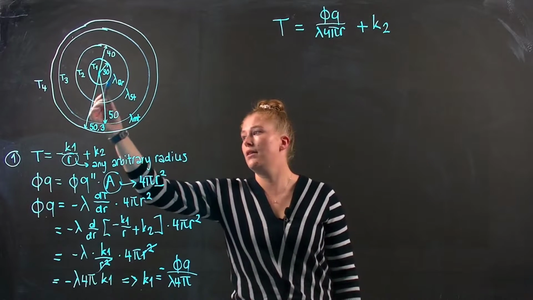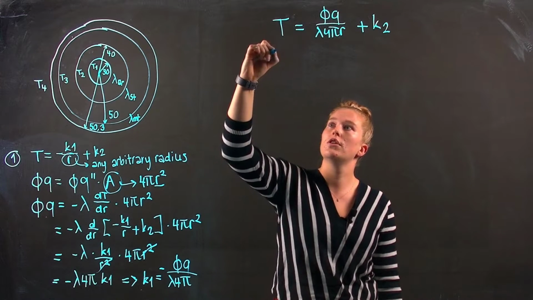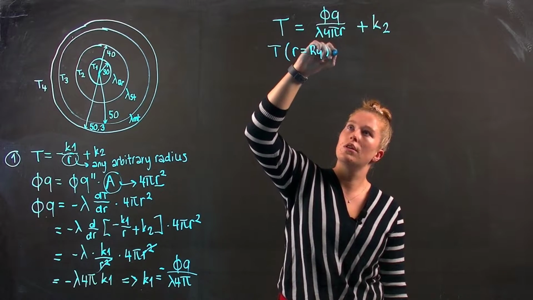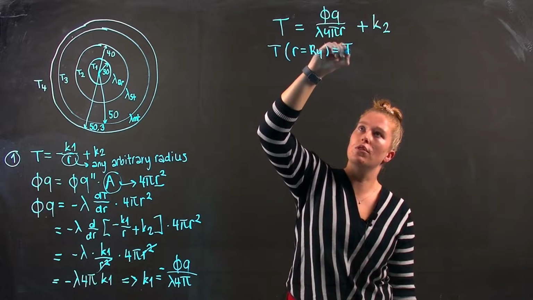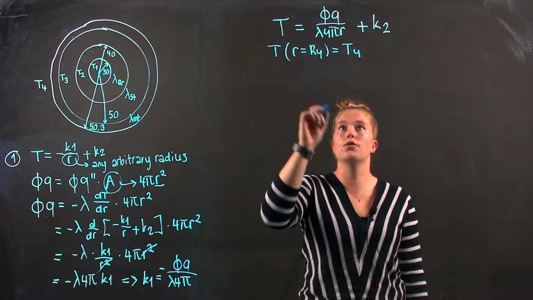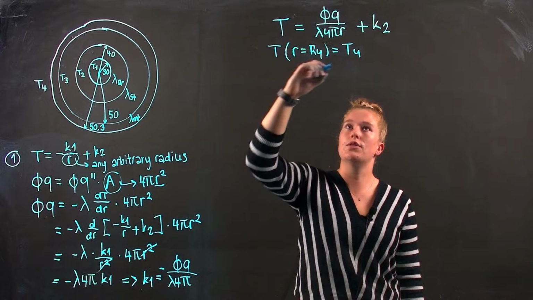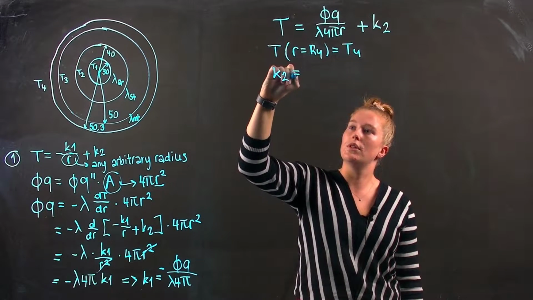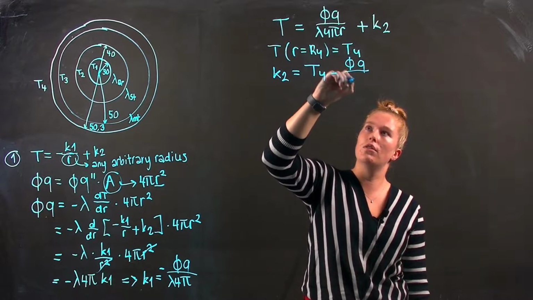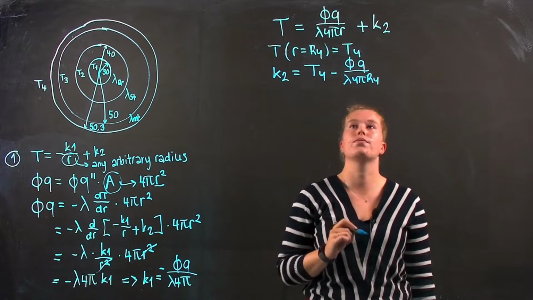What we know is that at the radius R4, the temperature is equal to T4. So we can write R is R4 equals T4. So if we know this boundary condition, we can find our K2 value. Namely that K2 is equal to T4 minus the heat flow times the heat conductivity 4 pi R4.